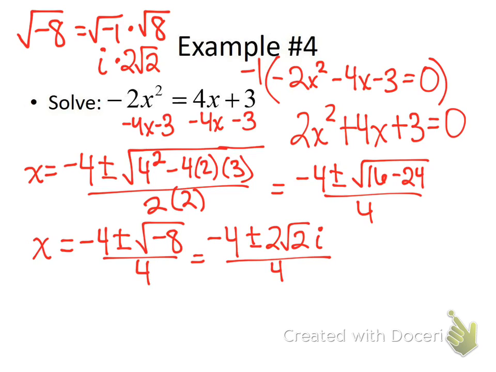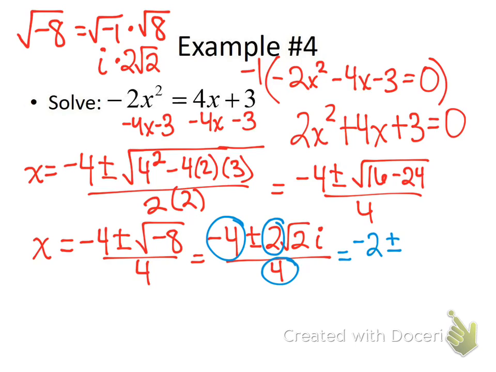And then we're able to simplify it because we notice, or hopefully we notice, that the b out in front, the number in front of the radical, and the number in the denominator are all divisible by 2. So negative 4 divided by 2 is negative 2.